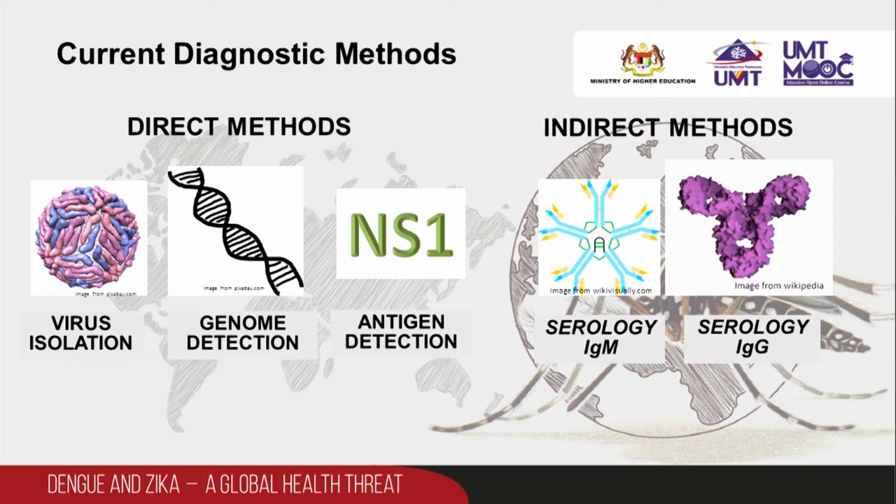Isolation of virus by cell culture, genome detection by polymerase chain reaction or PCR, and antigen detection by enzyme-linked immunosorbent assay or ELISA are also known as direct methods, while the indirect methods usually detect the presence of IgM or IgG antibody through serological tests.